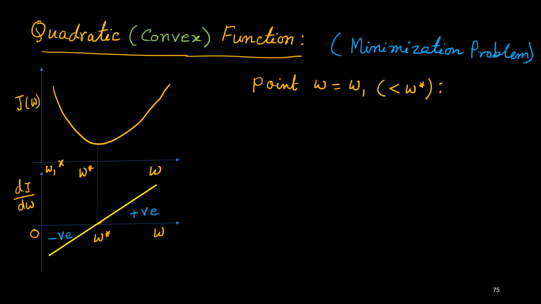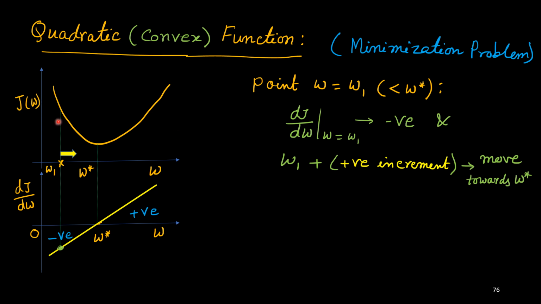So if I consider one point w1, that is on the left side of this optimal point w star, this is the cost value and here is the derivative value. You see, at w1 the derivative is negative, which implies that the function is reducing. Now if I want to move towards this optimal point, obviously we have to move from w1 to the right side, through this arrow.